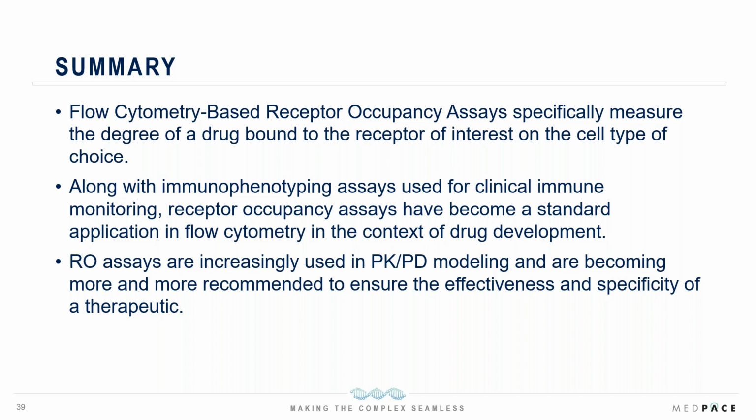Along with immunophenotyping assays used for clinical immune monitoring, receptor occupancy assays have become a standard application in flow cytometry in the context of drug development. Receptor occupancy assays are increasingly used in PK/PD modeling and are becoming more and more the recommended way to ensure the effectiveness and the specificity of a therapeutic.